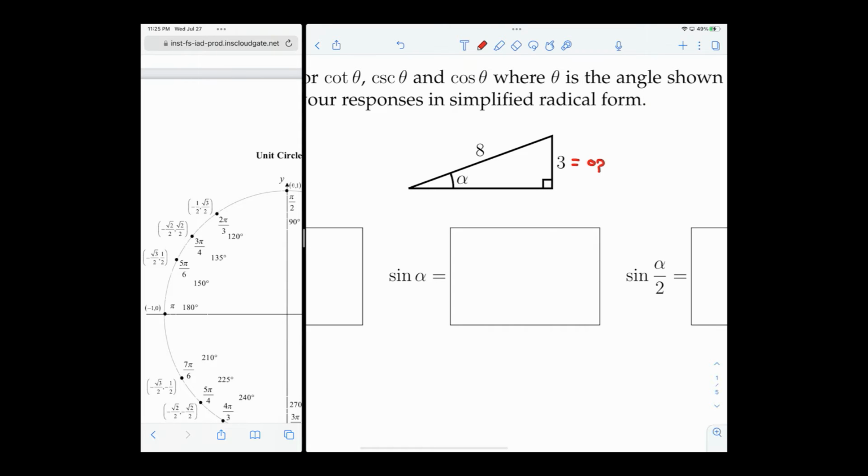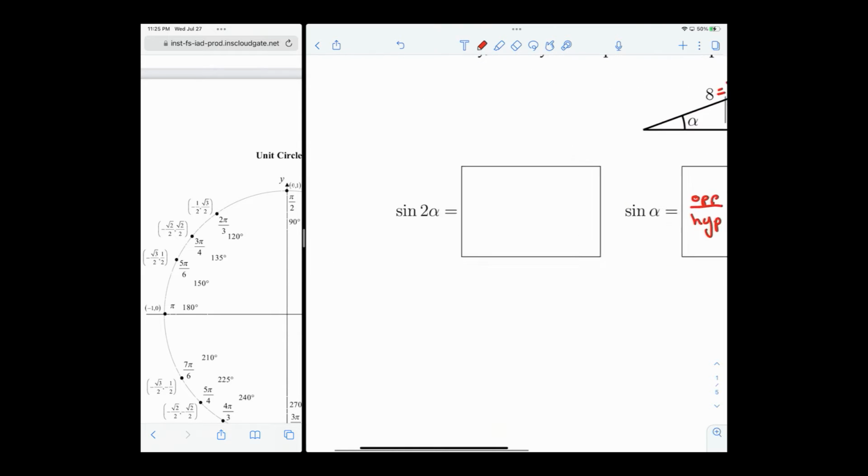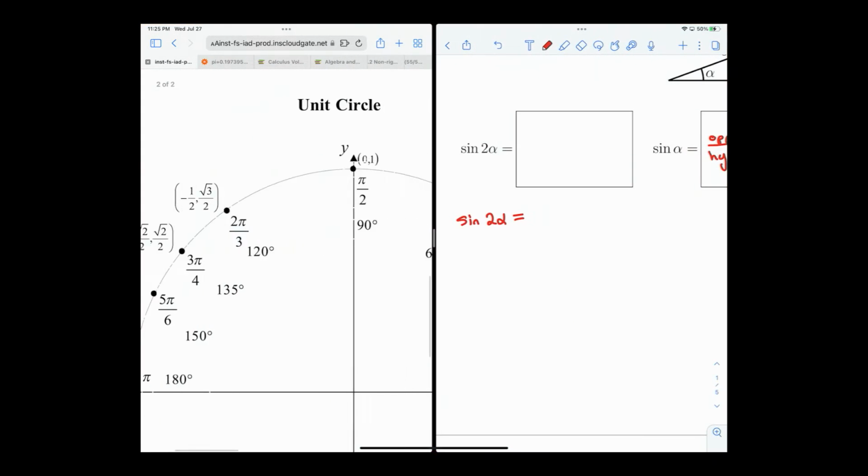That makes this side the opposite side, and it makes the 8 the hypotenuse. And we know that the sine is the opposite over the hypotenuse. So we already should know that sine alpha is simply 3 over 8. That one we can do with no identities. However, the other two we're going to need trig identities for. For sine 2 alpha, you will look up the double angle formula there.